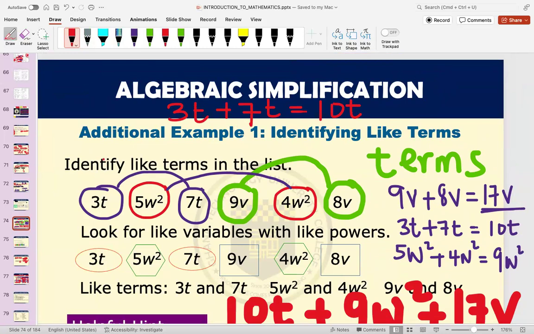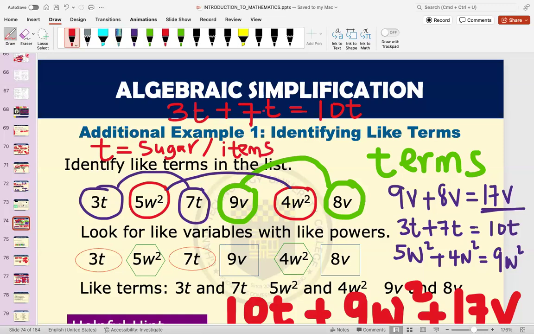because now t can represent something like sugar. Actually the variables in real life are representing items.